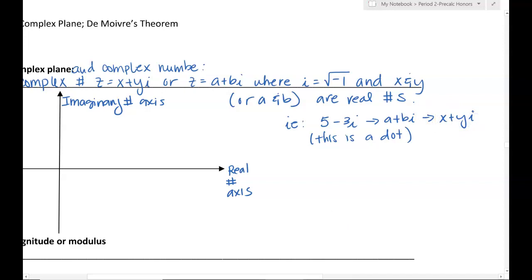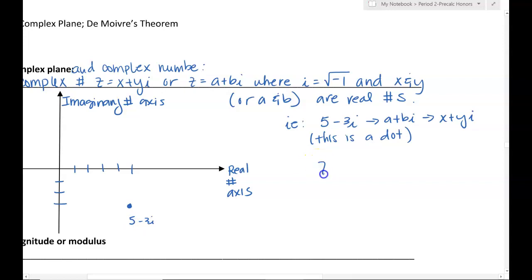Okay, so we have 5, 1, 2, 3, 4, 5. That's 5 real numbers, right? 5 on the x-axis, so that's positive, goes right. Then we have 1, 2, 3, so -3. So here we go. So this right here is 5 minus 3i, so that's your dot.